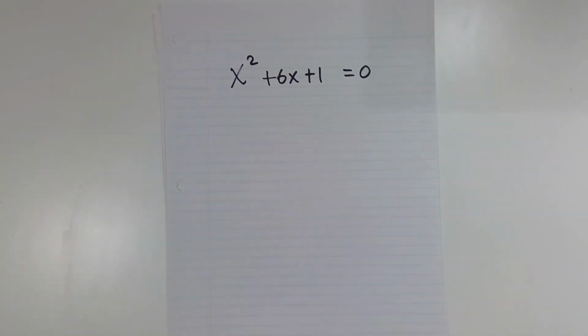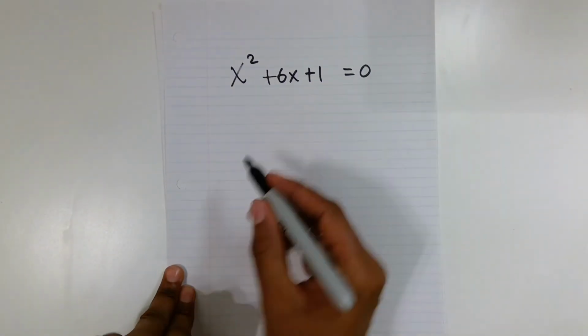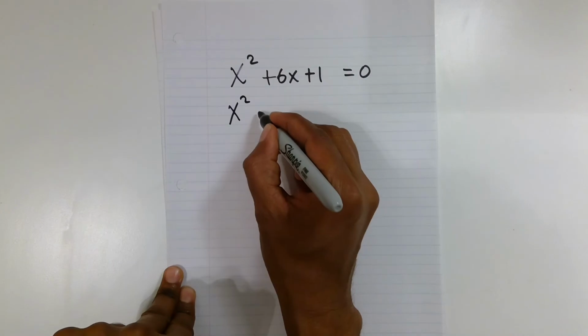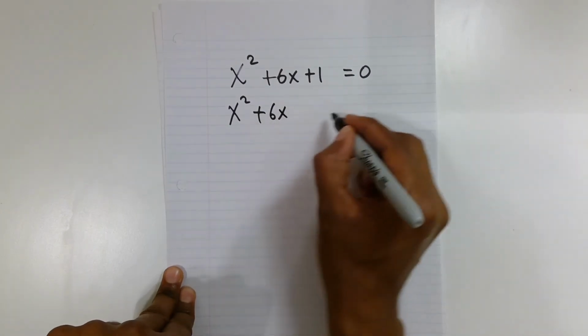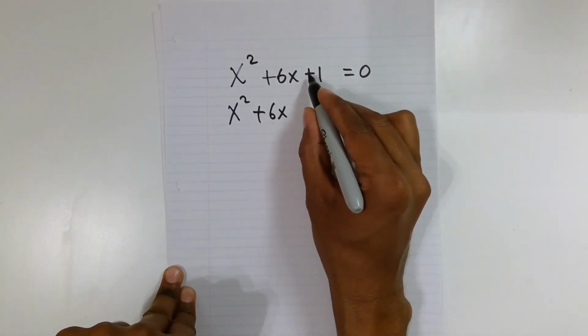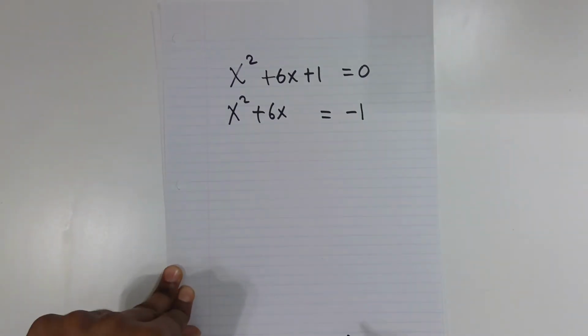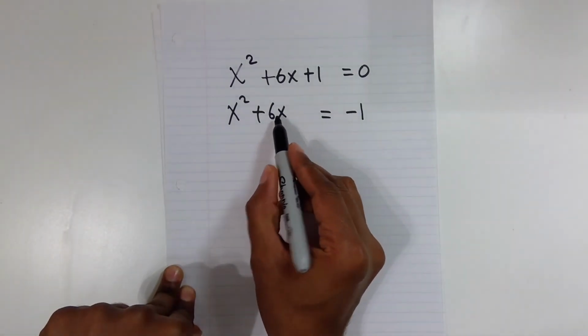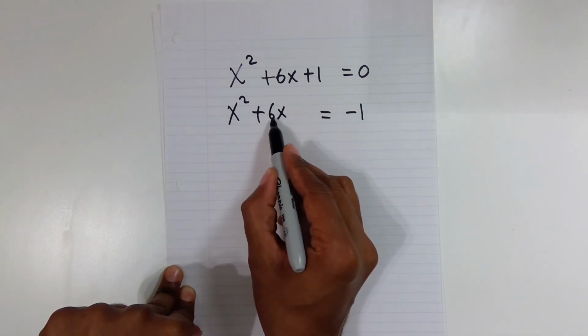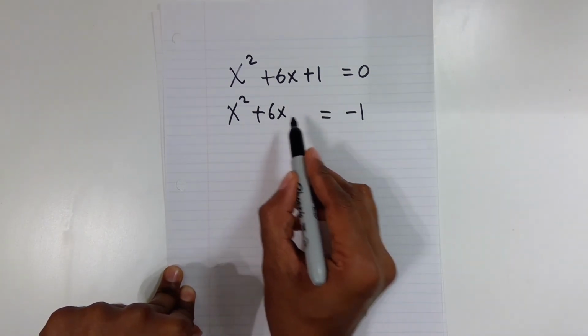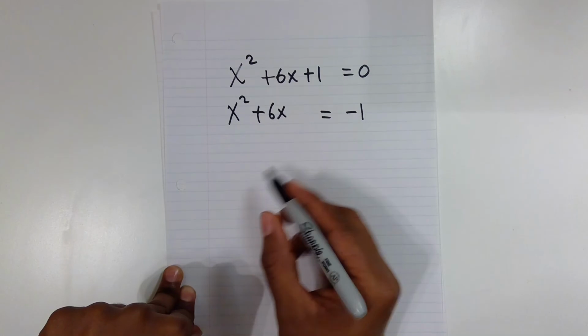First step, take the constant to the other side of the equation. X squared plus 6x is equal to, because it is positive now, it becomes negative 1. Okay, the next step is you divide the coefficient of the x term by 2 and square it, then add that to both sides of the equation.